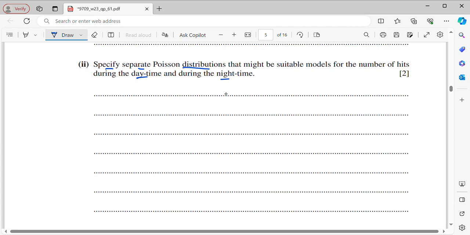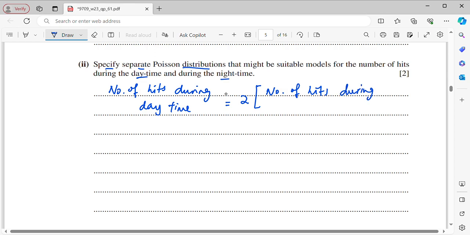So here I will write: number of hits during daytime equals double the number of hits during night time. So now, let P be the number of hits during night time.